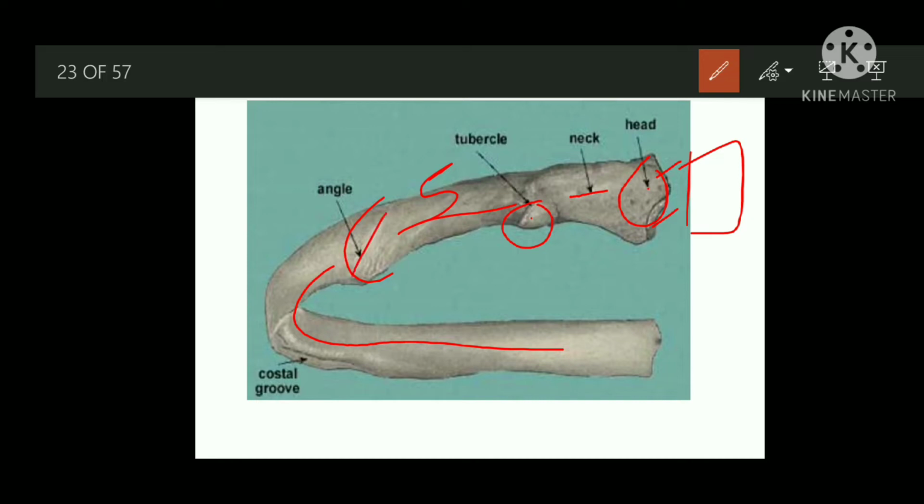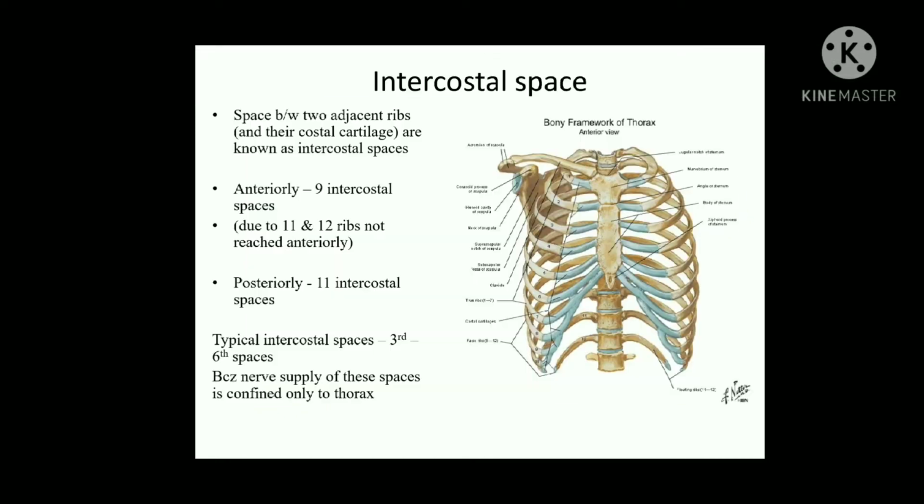On the shaft of the rib there is an upper border having an outer and inner lip, and along the lower border there is a costal groove, in which neurovascular structures run. So this is the anatomy of the rib.